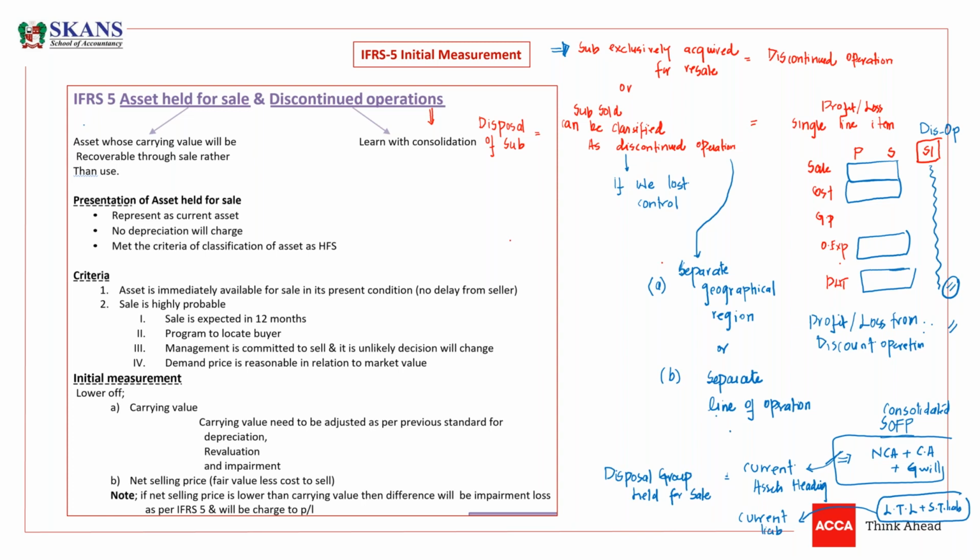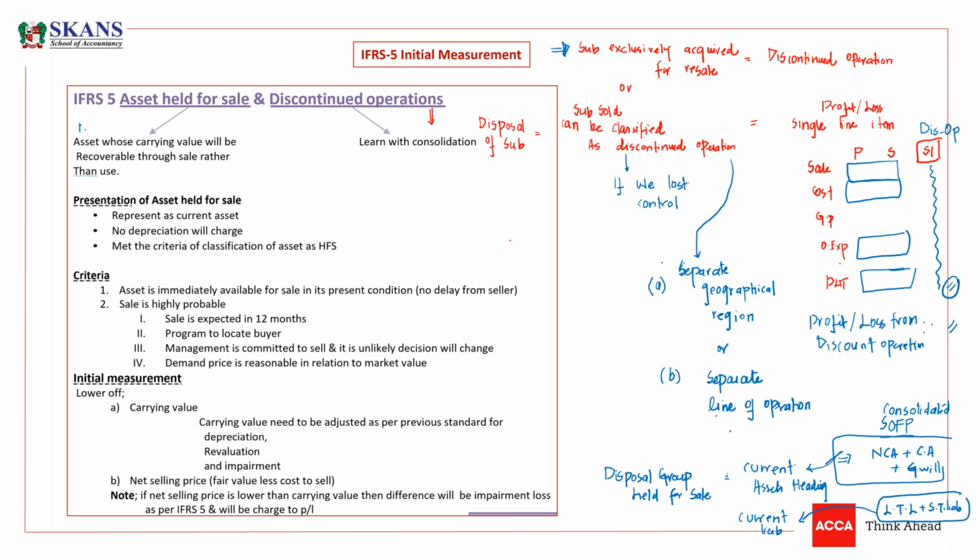If we have a non-current asset, usually our intention about non-current assets is that we will use these assets for another 2 to 3 years, 4 years, 5 years.